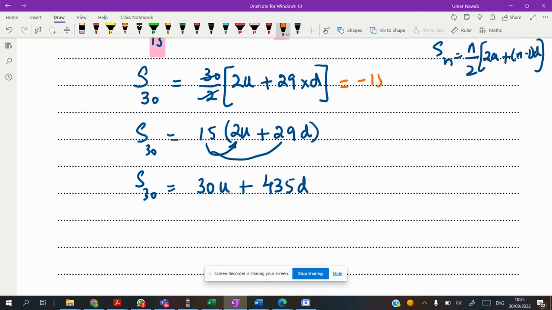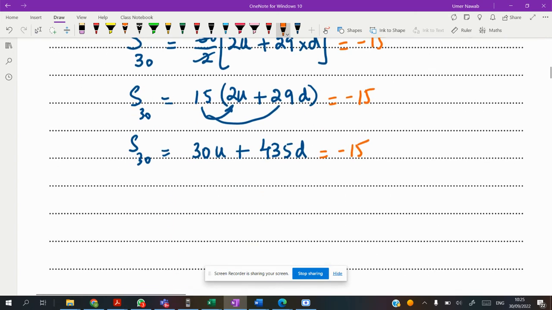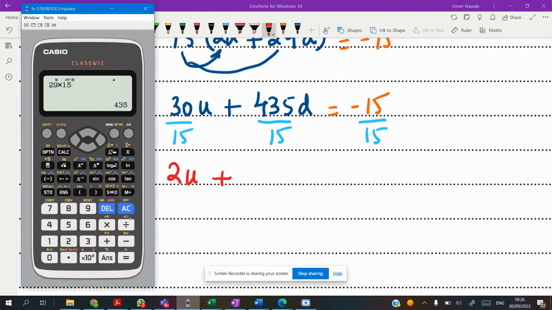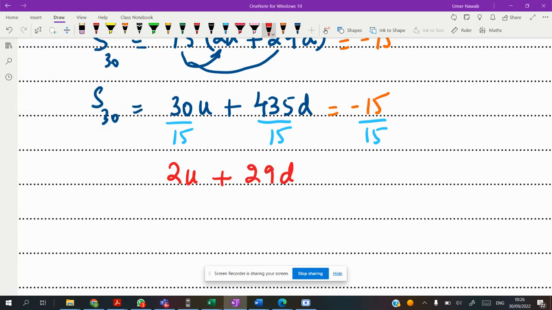So it is minus 15, minus 15, minus 15, right? I think I can simplify this equation if I want. If you don't want, I have no problem, but all of the terms can be divided by 15. So 30 divided by 15 gives you 2u, 435 divided by 15 gives you 29d, and this is negative 1.